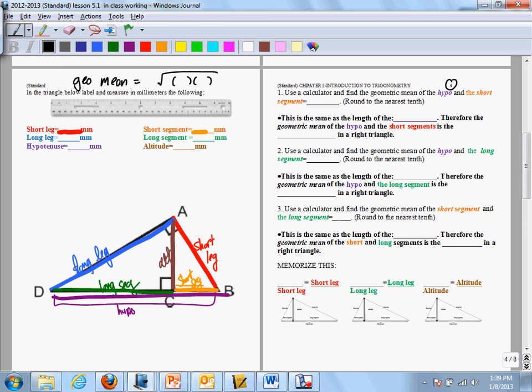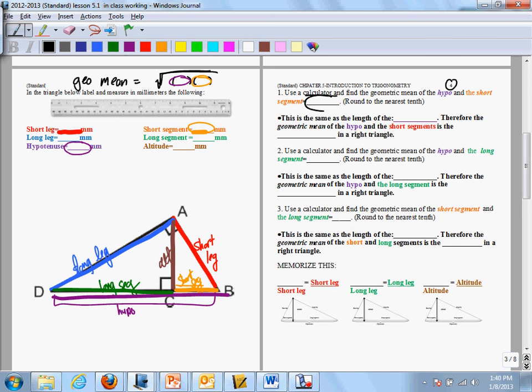Ready? Get out your calculators, please. It says, use the calculator and find the geometric mean between the hypo and the short segment. So go back, circle the number for the hypo, and circle the short segment. Now, take those two numbers, multiply and square root.